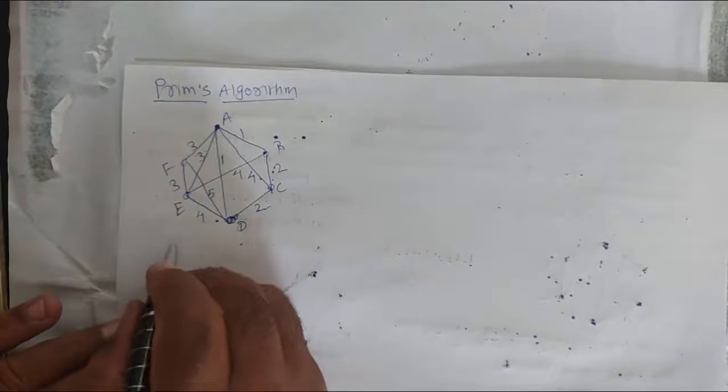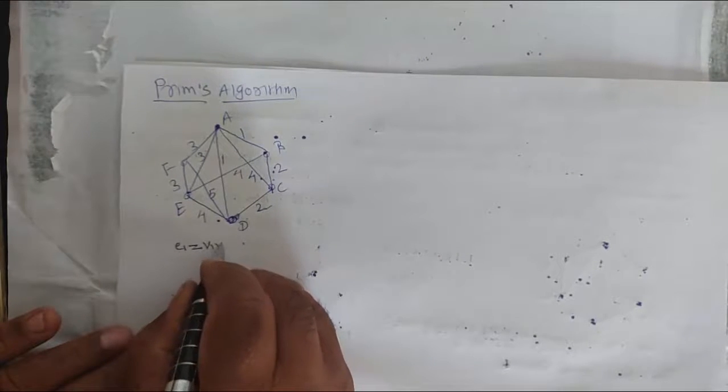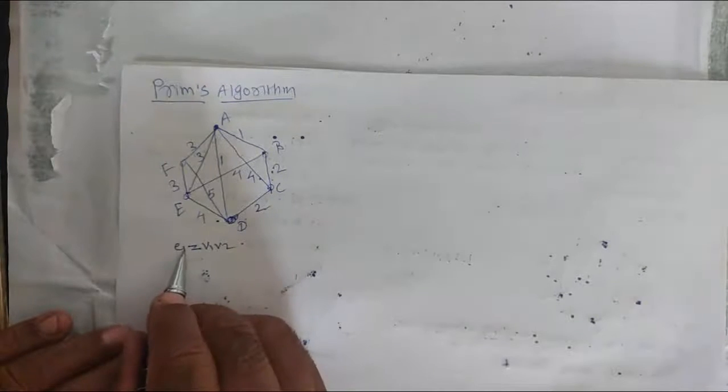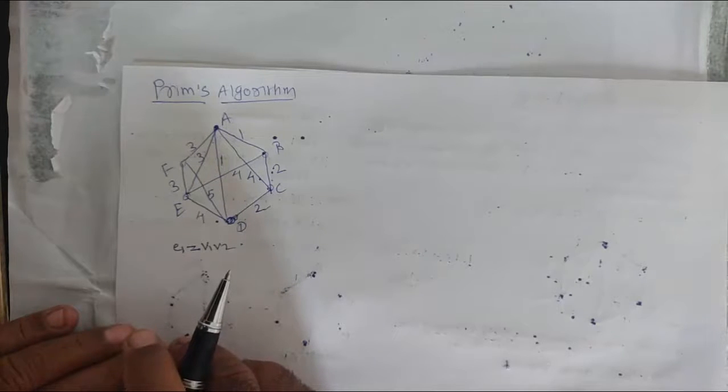and say this edge is E1 equal to V1 V2, and this is the smallest weight in G and which is not a loop.